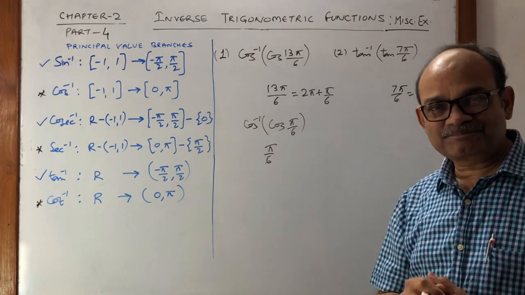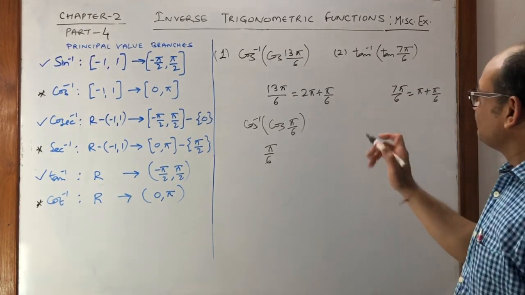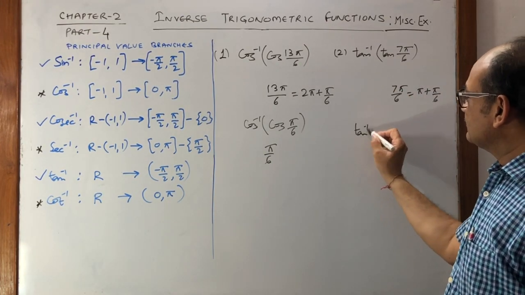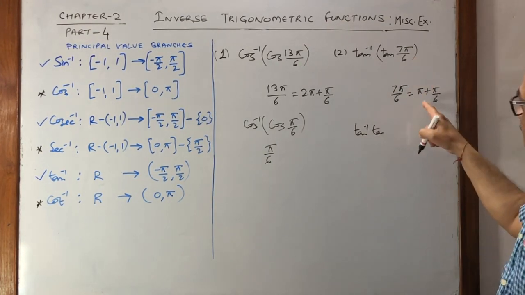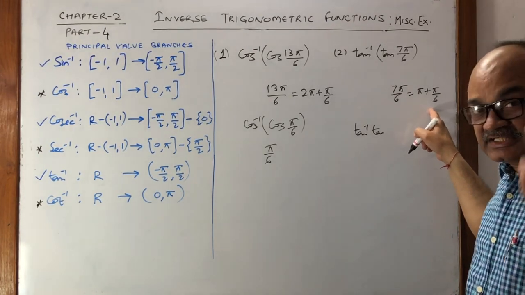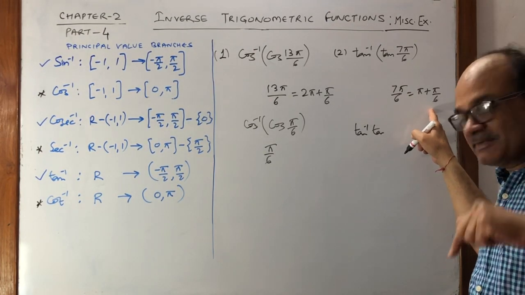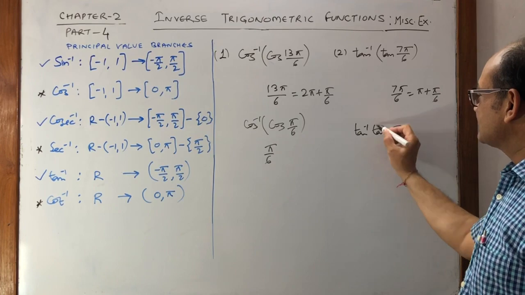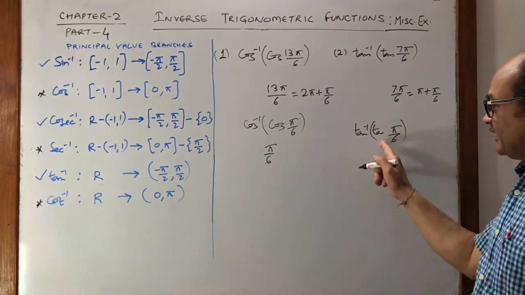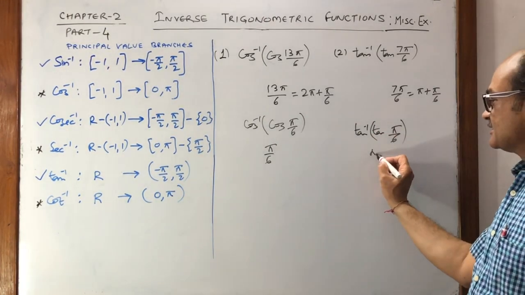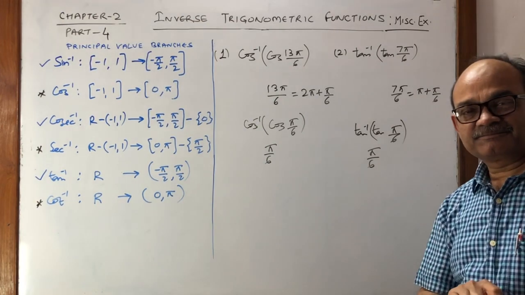Very simple. Similarly, in question number 2, tan inverse tan of pi plus pi by 6, from the ASTC system of class 11th, is again pi by 6. So here we can write pi by 6, and tan inverse neutralizes, so the answer is again pi by 6.